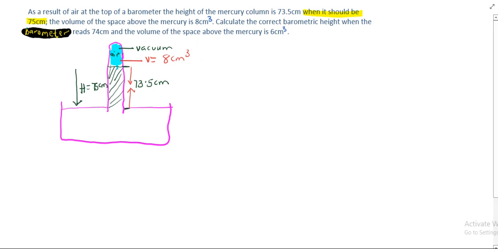Okay, let me draw another barometer for us now. It is still the same barometer, but with different values now. I'm just trying to make it more clear to us so that you know what is going on here.